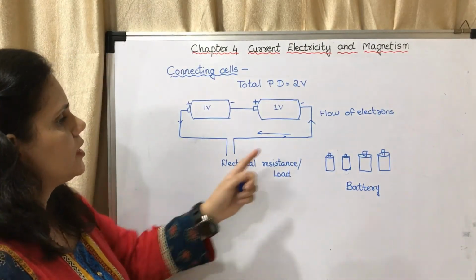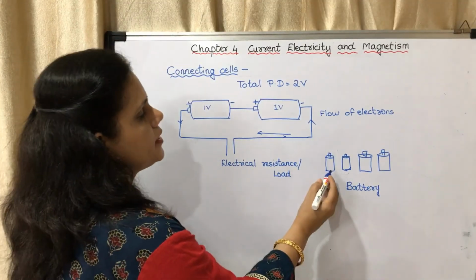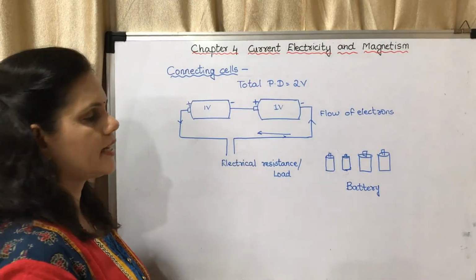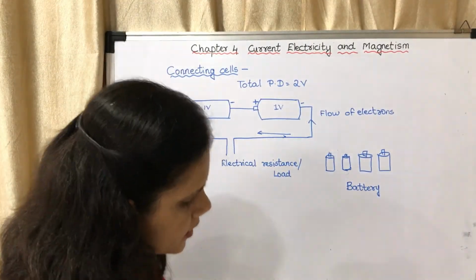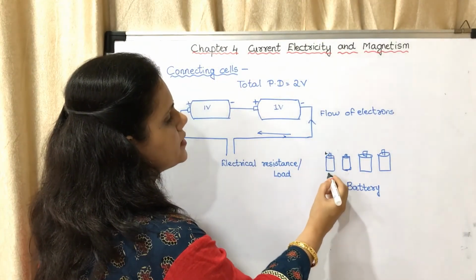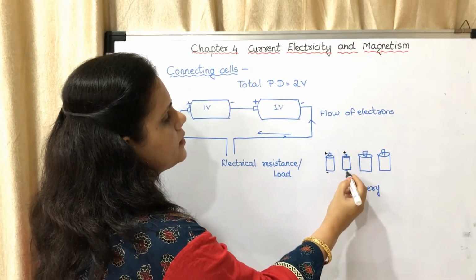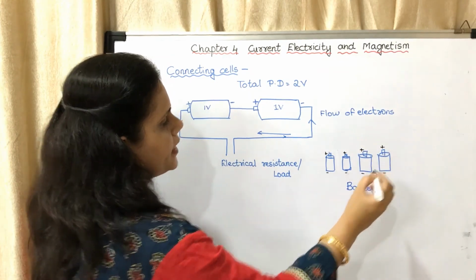Now these are 4 cells. How will you connect these cells? The positive terminal, I will show it with another color. This is positive, this is negative. Positive, negative, positive, negative, positive, negative.